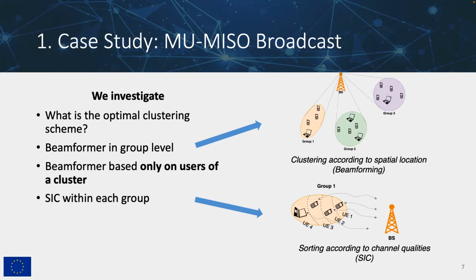Sorry, I don't understand. Sure. Must the cluster be physically close together? Not necessarily. The CSI is similar, which usually relates to the position. But if you are in a multipath scenario, that is not really the case. It could be that there is some reflection.